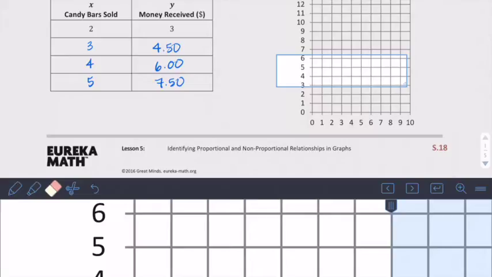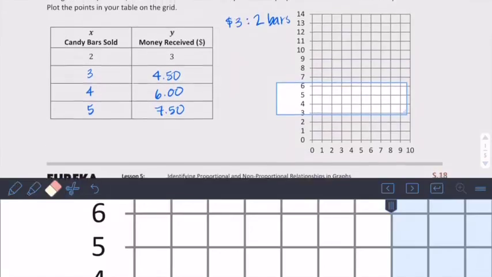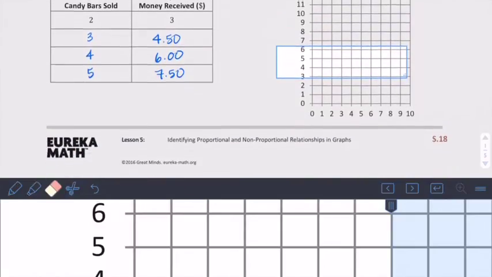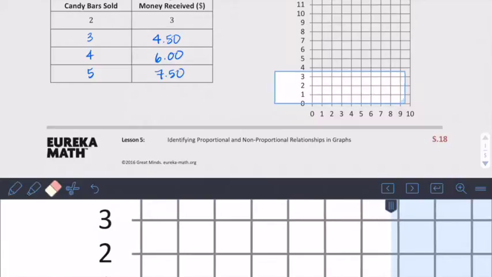Okay, so now we're going to plot those points. Now that we've reviewed our coordinate plane, we're going to put those points from our table in example 1 onto the graph that's provided on your paper. Okay, so my first point is 2, 3, so I'm going to put that in.